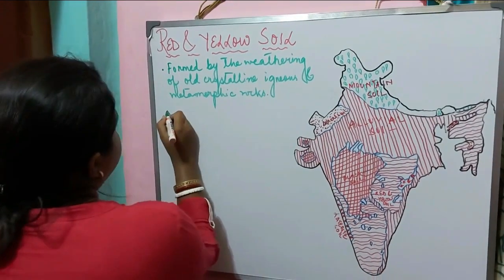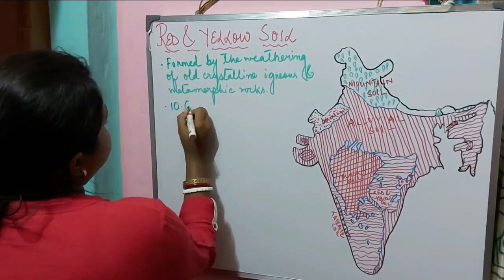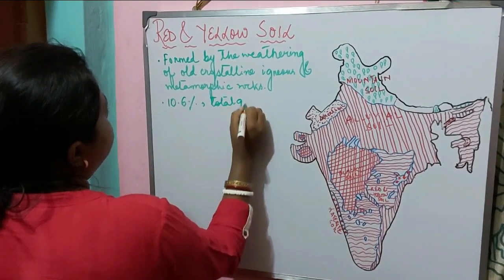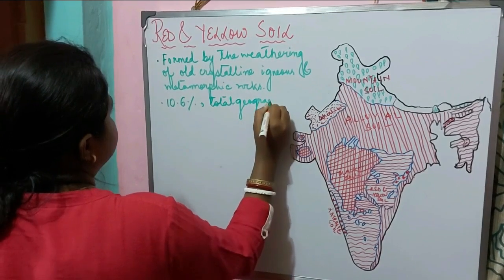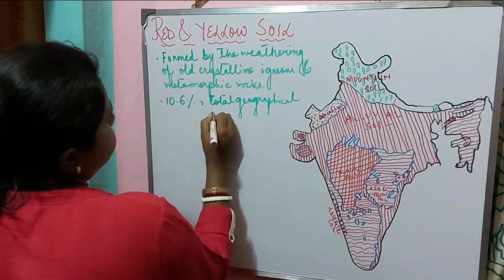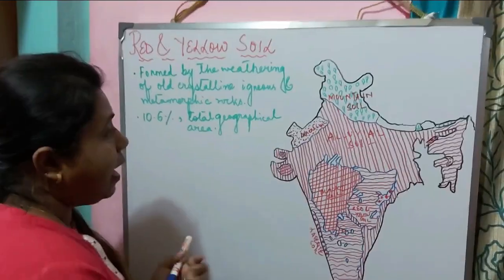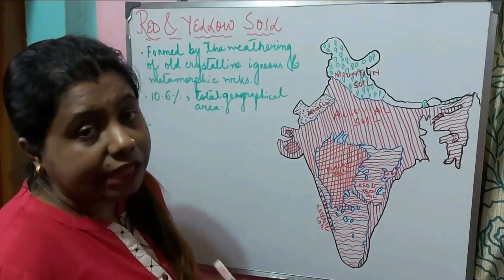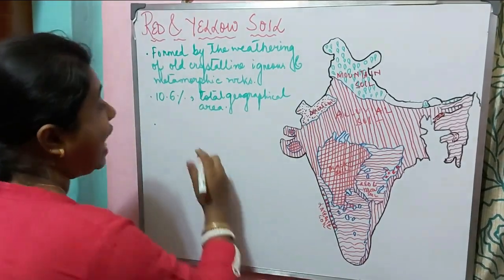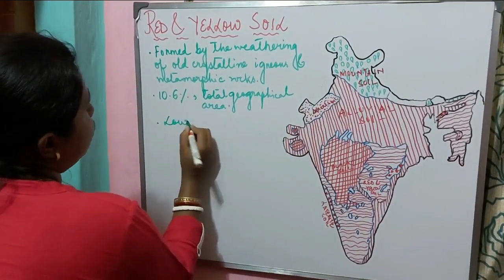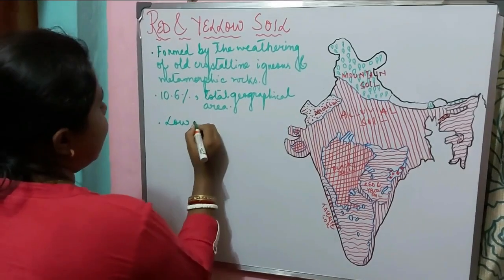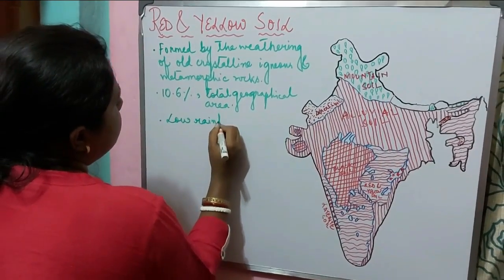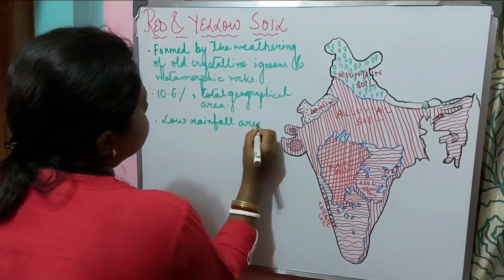In terms of geographical area, it covers 10.6% of the total geographical area. Now, where can we find this type of soil? Mainly, this type of soil can be found in the areas where the amount of rainfall is low. So, we can say low rainfall areas.